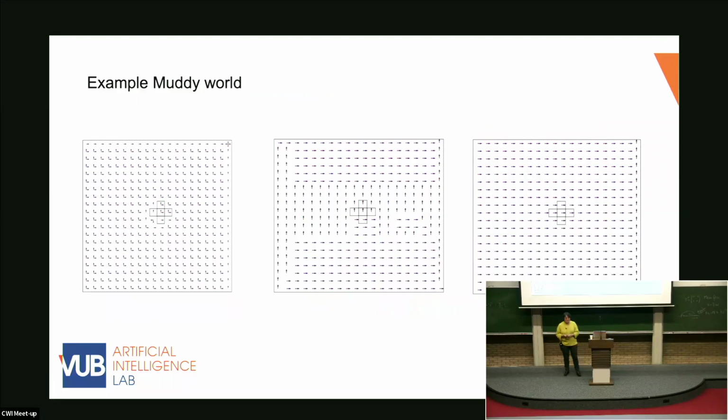Here I have a little example called muddy world. It's of course a very simple toy problem. Suppose this would be the start state and this would be the goal. We need a policy bringing us to the goal, but here is a muddy area that should be avoided. Once the agent gets there, it's stuck, it's difficult to get out. So a greedy policy could be something like this.